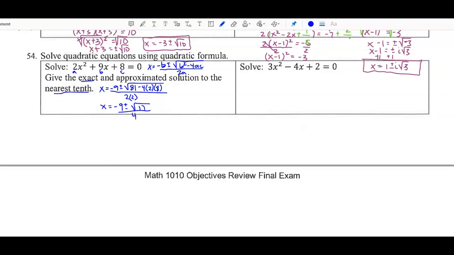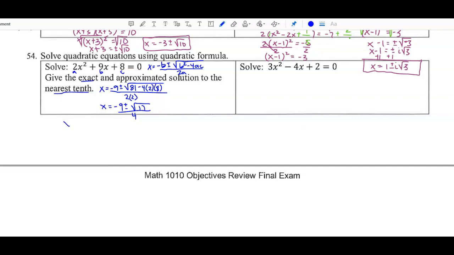Alright, double check me, did I do that right? And then from here, you could just put this into your calculator.